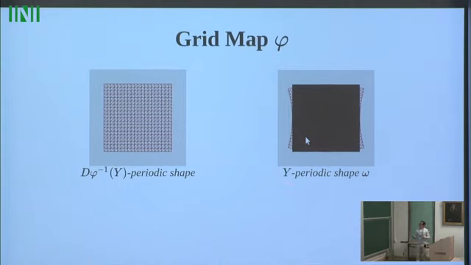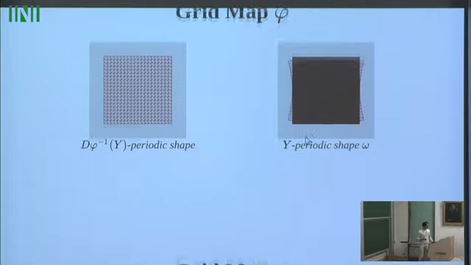And then we are going to multiply the domain omega, which is a periodic domain, by epsilon. We are going to let epsilon go to 0, and we are going to pull back the periodic domain epsilon omega using the grid map.